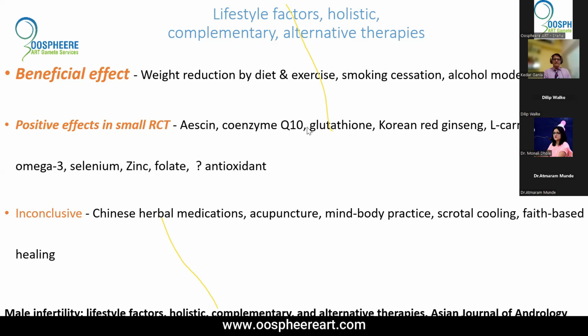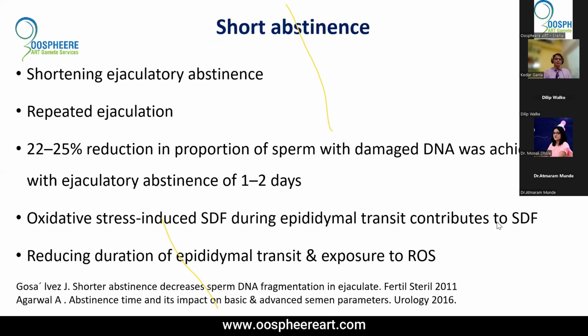Small RCTs for antioxidants, acupuncture, mind-body, scrotal cooling are very inconclusive. Still there are many people advising scrotal cooling treatment. Short abstinence. Now, repeated ejaculation gives a 20 to 25% reduction in sperm DNA fragmentation just by having abstinence of 1 or 2 days.